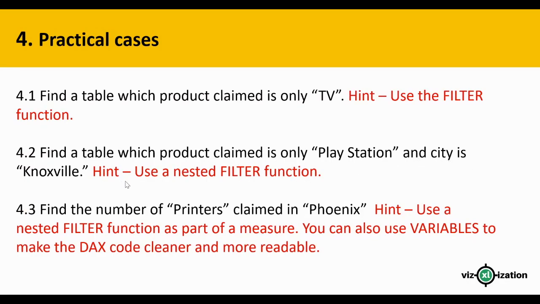The hint here is to use a nested FILTER function. The third practical case is to find the number of printers claimed in Phoenix. The hint is to use a nested FILTER function as part of a measure, and we can also use variables to make the DAX code cleaner and more readable. So, are you guys ready? Let's jump into Power BI Desktop.